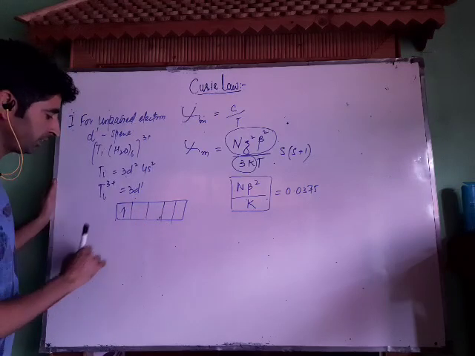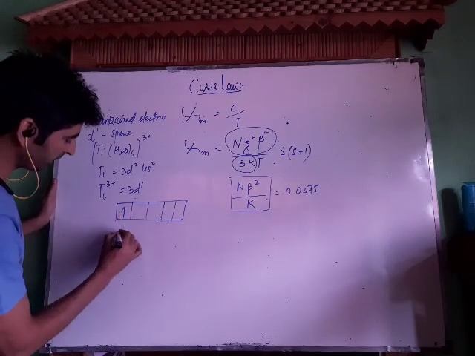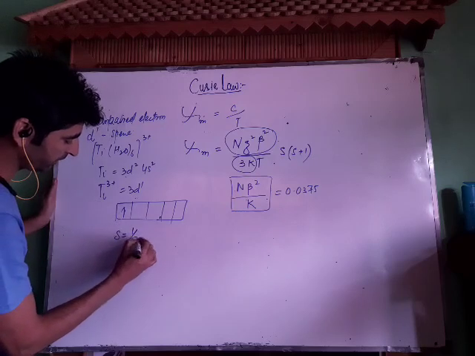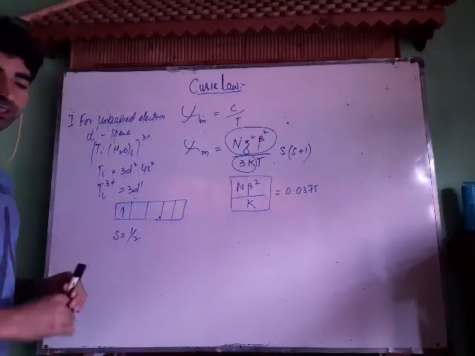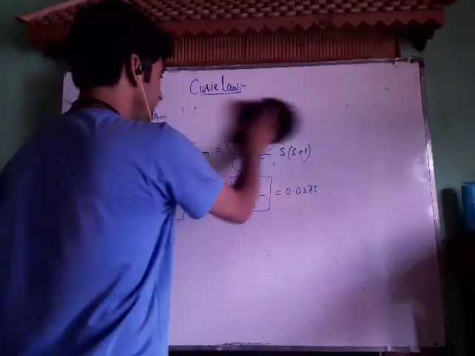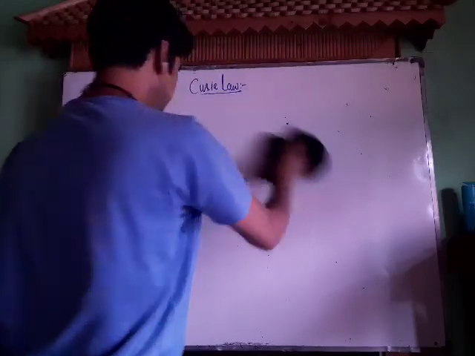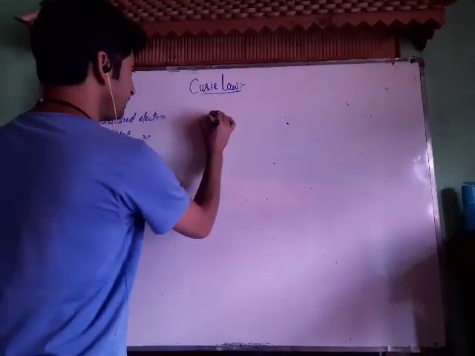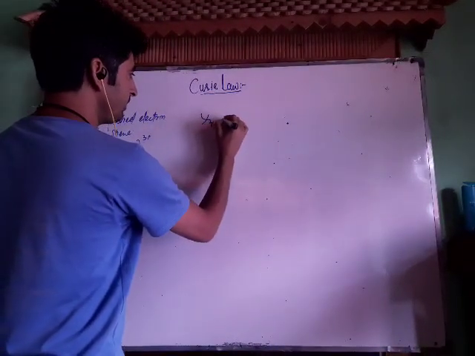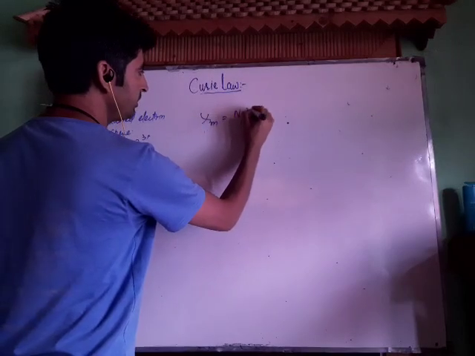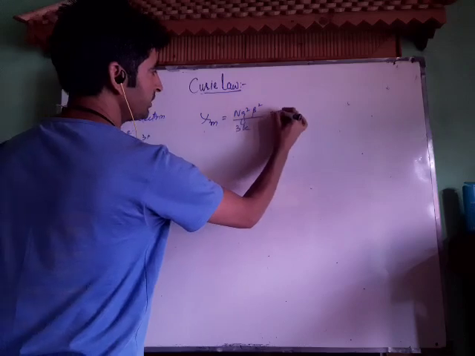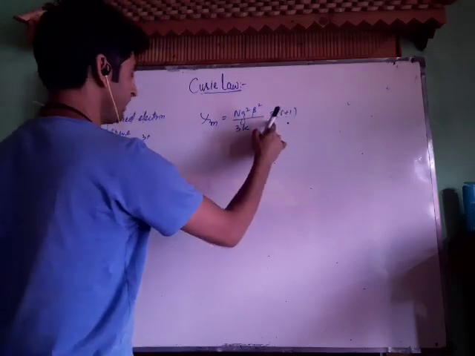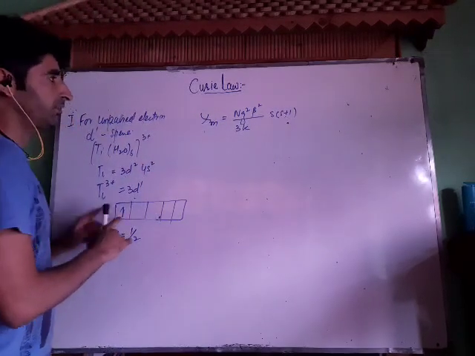By 3d1 species, I mean that it has only one electron. This is the unpaired electron. We know that the spin of the unpaired electron is S equal to 1/2. Therefore, we can determine S into S plus 1, and we can determine S and C values. Now we can determine chi-m for this electron. It will be equal to N g² β² divided by 3K, S into S plus 1, where S is 1/2 for one electron.